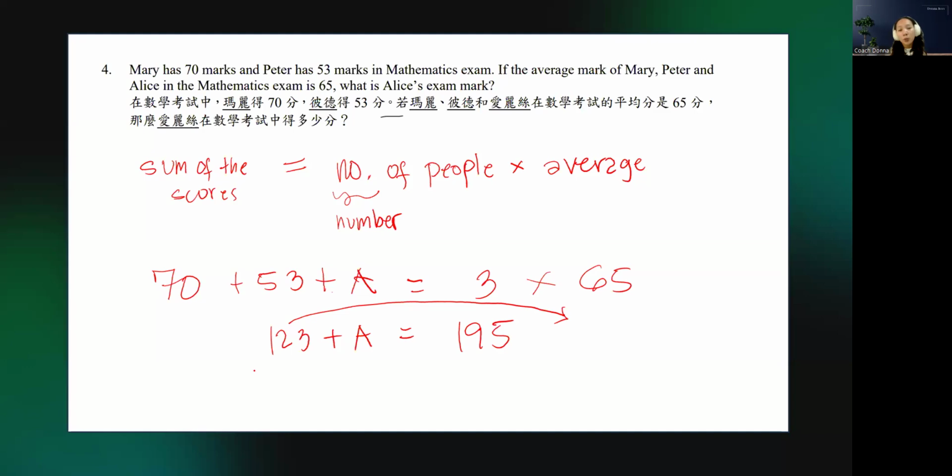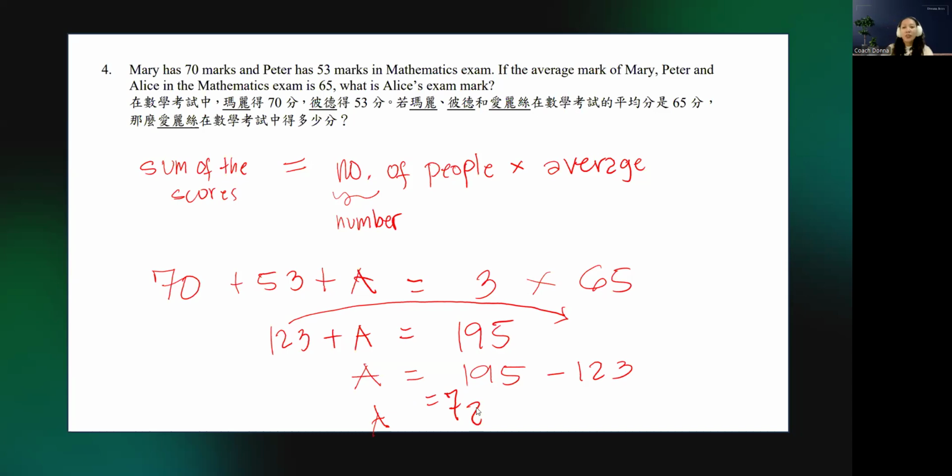We need to change that to negative when we transfer it to the other side. 195 minus 123. 195 minus 123, you'd get an answer of 72.